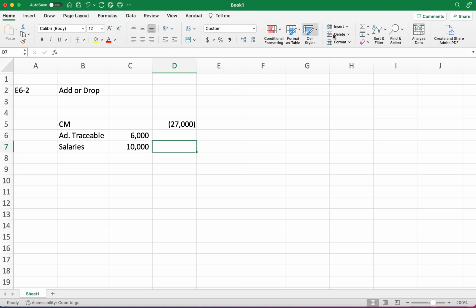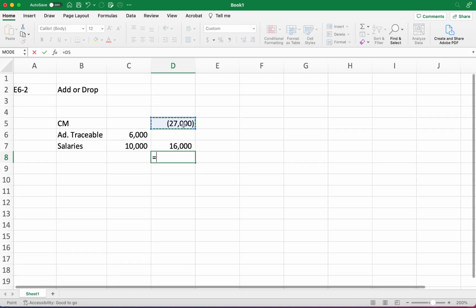So, what I'm going to do is add up the benefits that we're saving, right? Well, they're relevant costs because they're expenses, but if we get rid of them, we're saving $16,000 from the racing bike division if we get rid of that product line, okay?